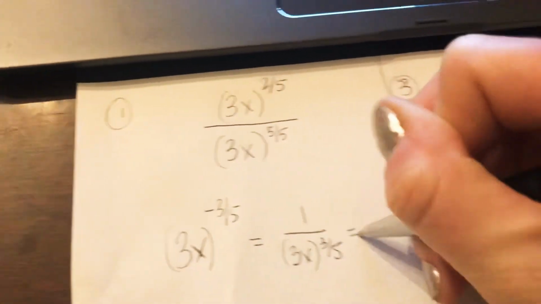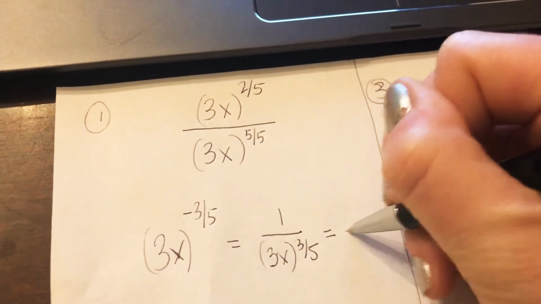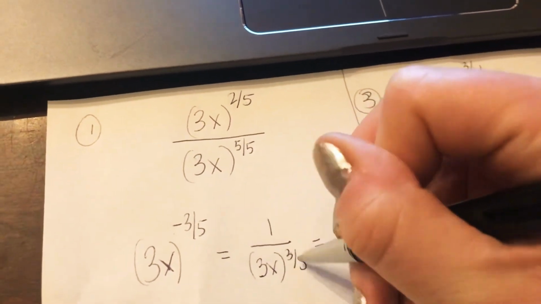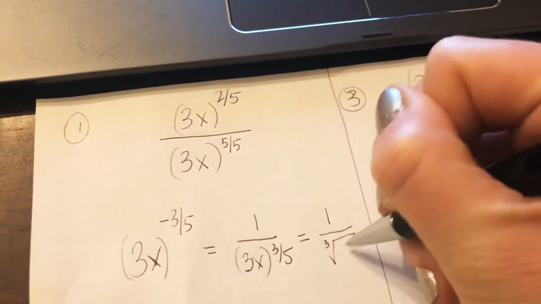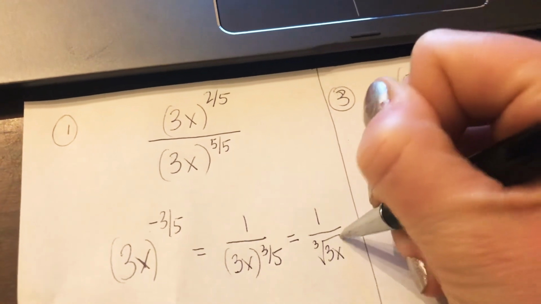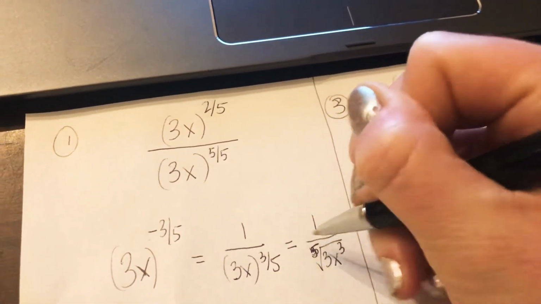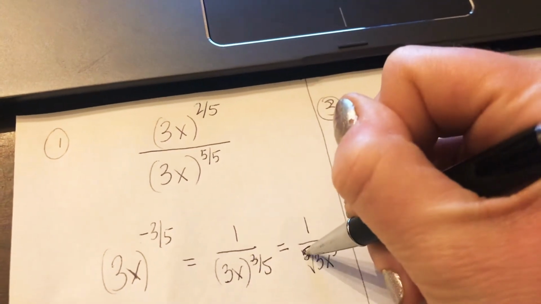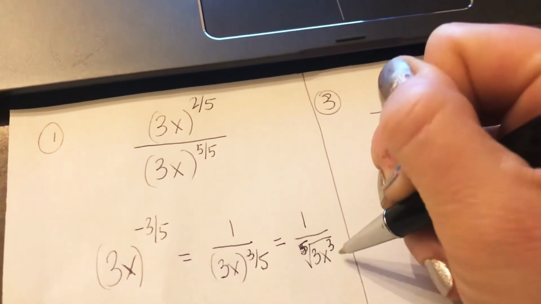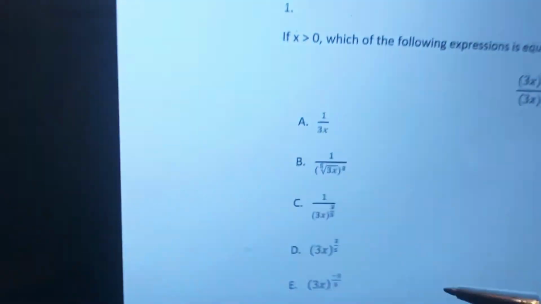Which can also be written as exponent over index. So exponent over index means it's the 5th root of 3x cubed. Oops, this is supposed to be 5. The 5th root is the index, and the exponent is cubed. So which options are those? E is your answer.